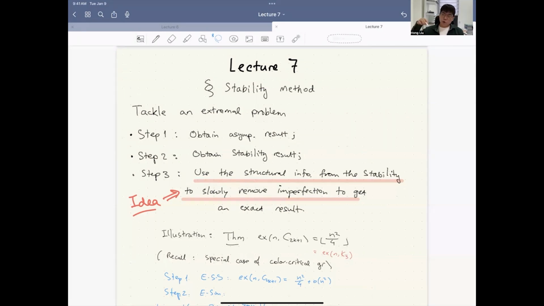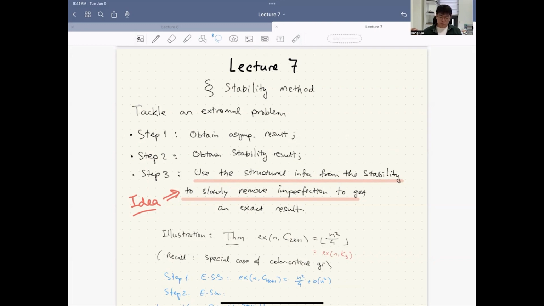Then whatever goes close to the maximizer, meaning that they are almost extremal, must look like the maximizer. And we started last time the philosophy of this so-called very classical approach called the stability method.